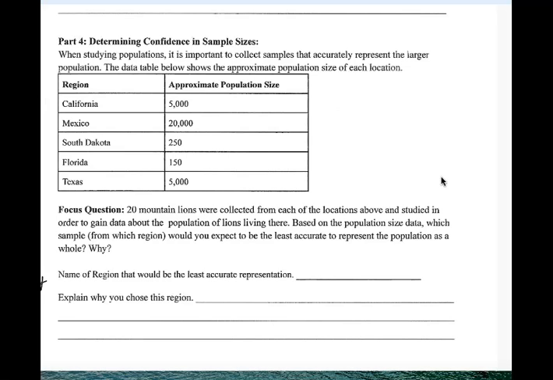So you've got the 5 different populations we studied and their population size. 20 mountain lions were collected from each of the locations above and studied in order to gain data about the population of the lions living there. Based on the population size data, which sample from which region would you expect to be the least accurate to represent the population as a whole, and why?